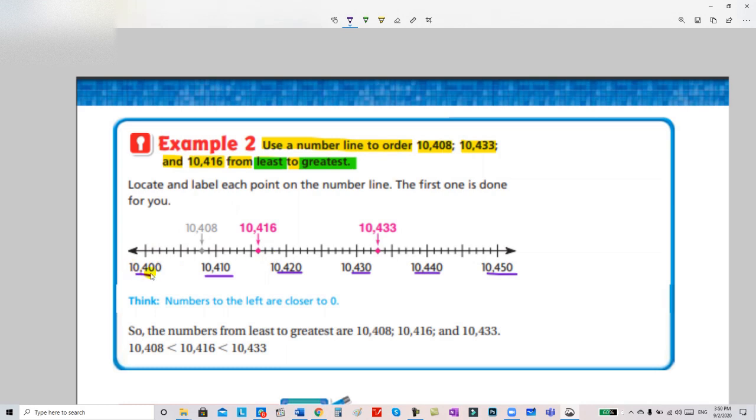We have 10,400, 10,410, 10,420, 10,430, 10,440, and 10,450. What we notice is that every time we add 10, this 400 becomes 410, 420, 430, 440, and 450.